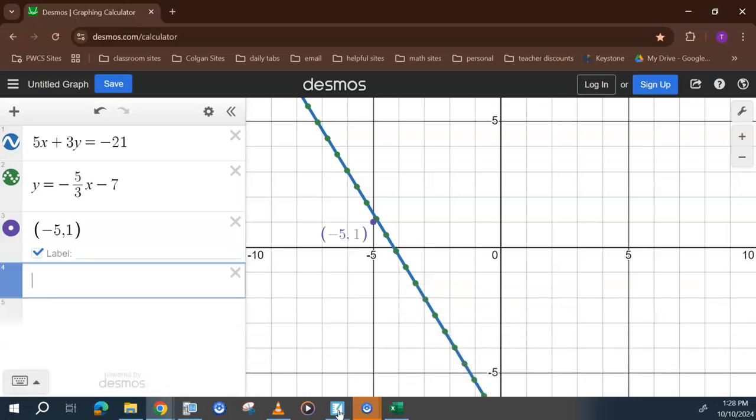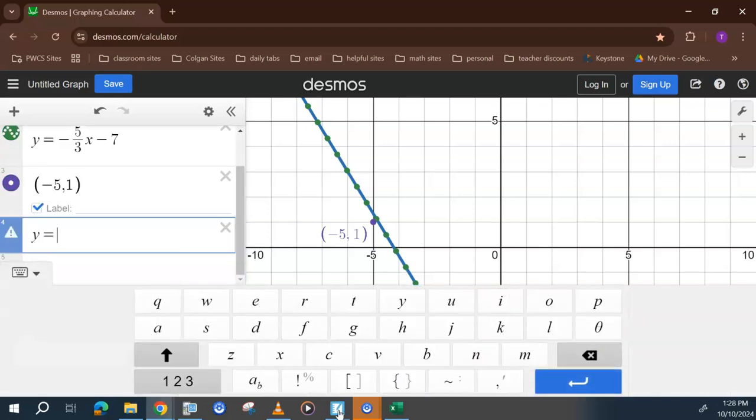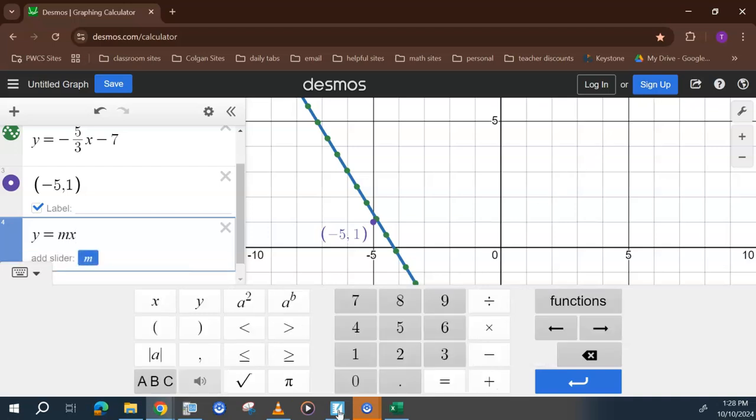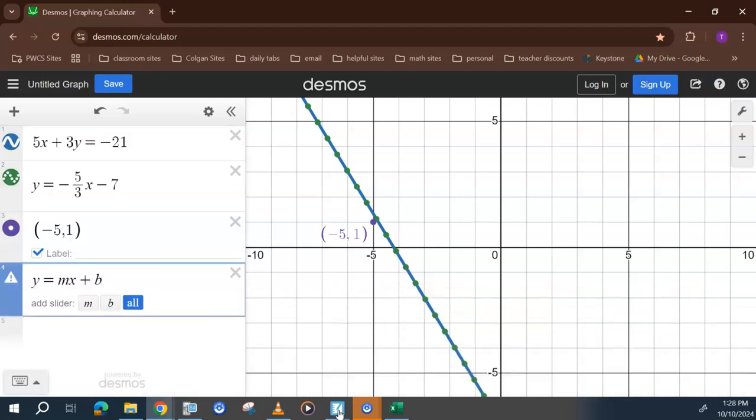And I'm going to type in y equals mx plus b. And you'll get this that pops up. You can choose all.